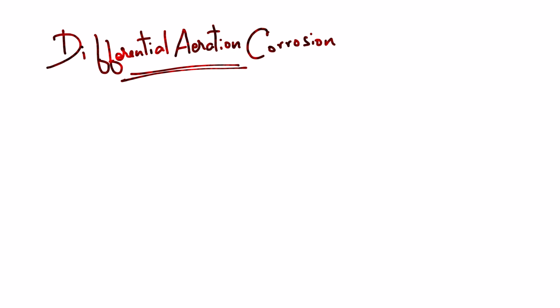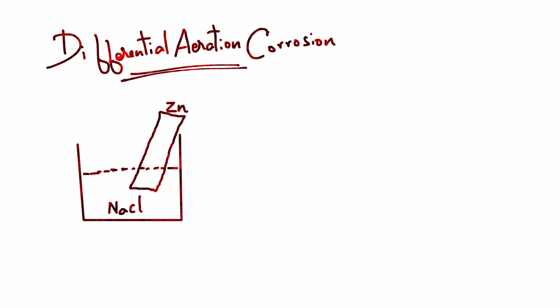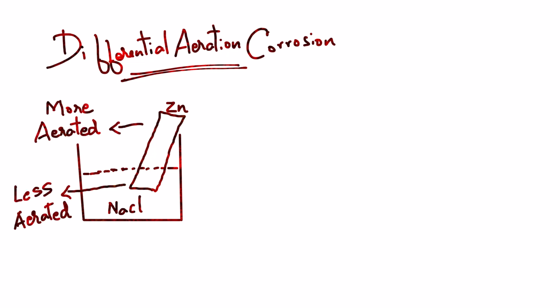Differential aeration corrosion. For example, consider a beaker which contains sodium chloride solution and zinc is immersed in it. The portion of zinc inside the sodium chloride solution is less aerated and the portion outside the solution is more aerated.